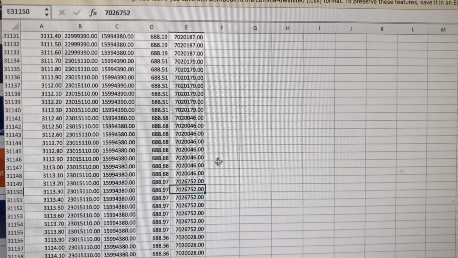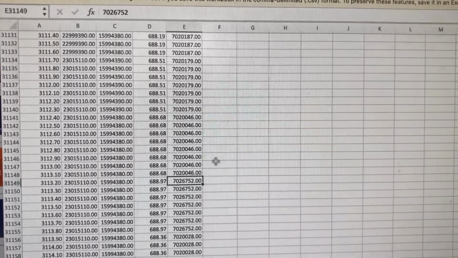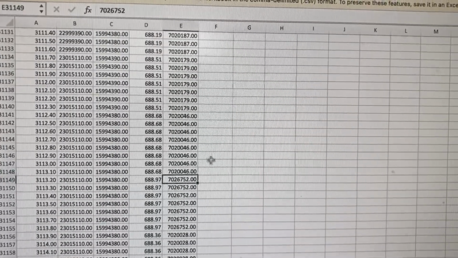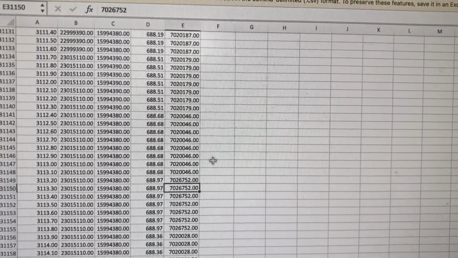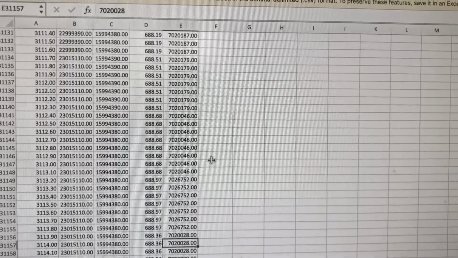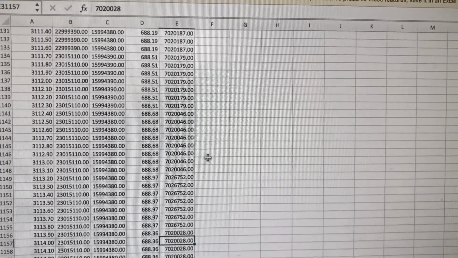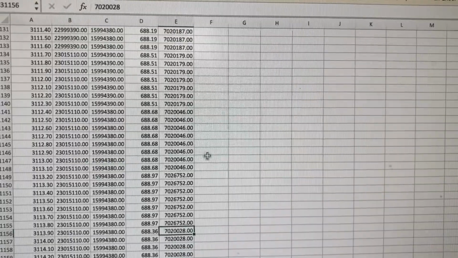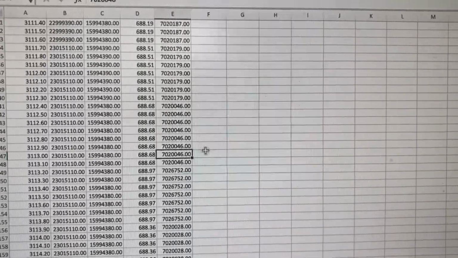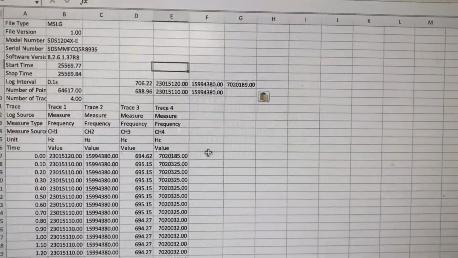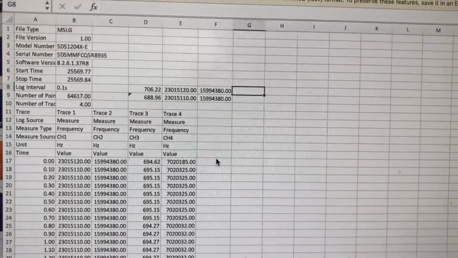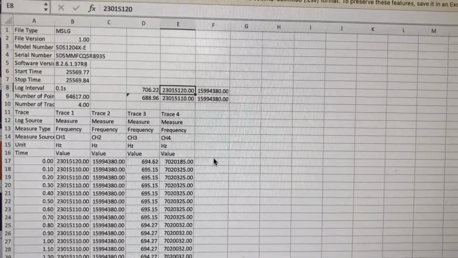Yeah, I mean that's a pretty significant variation in the signal generator output. Although we were still 688.36 here, where it went back more or less to where it had been. I don't think that that's the cause of the problem. I think the cause of the problem is that the voltage is changing.